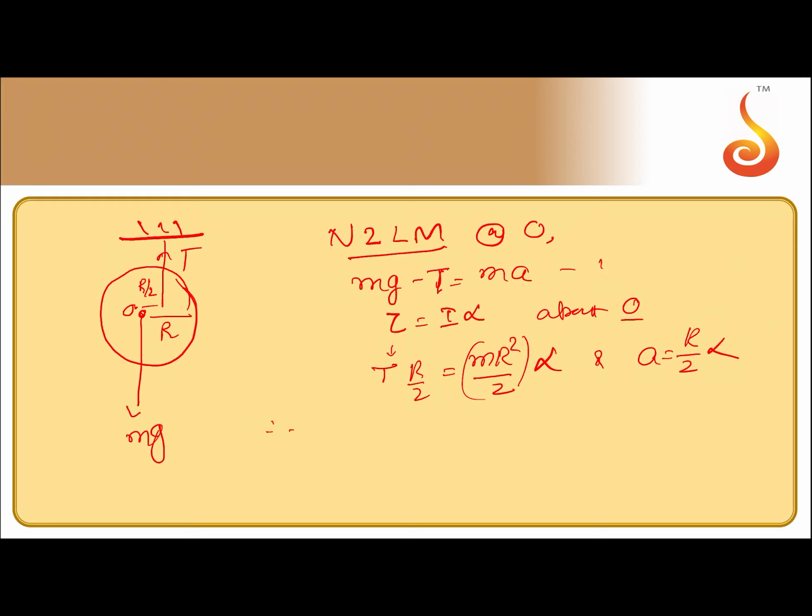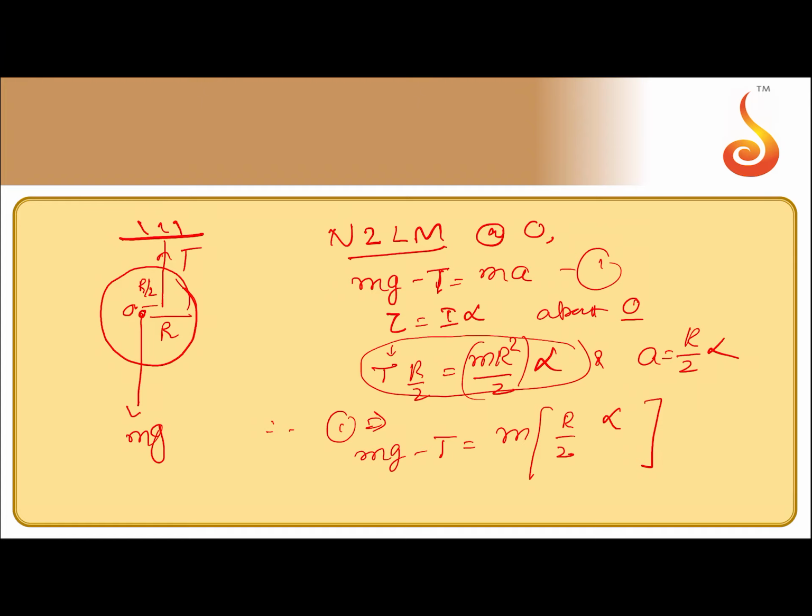So if I substitute all these equations into equation 1, what do I get? mg minus T is equal to m into A. A is R by 2 into alpha, right? And I can find out the value of alpha from this equation. So let me substitute there.